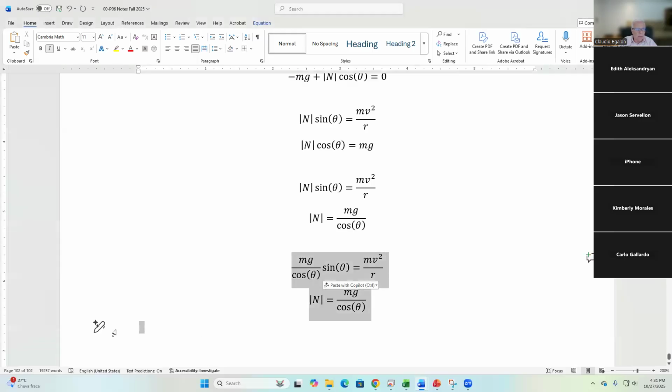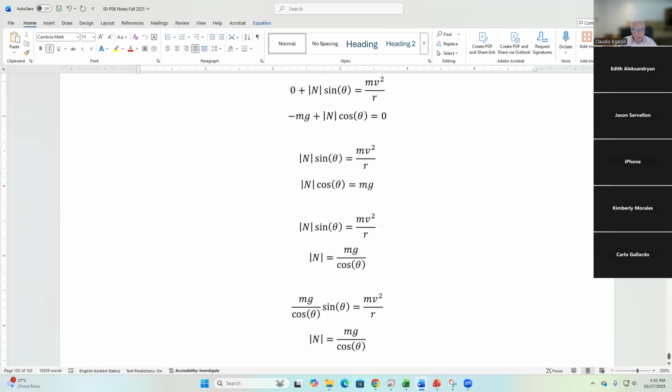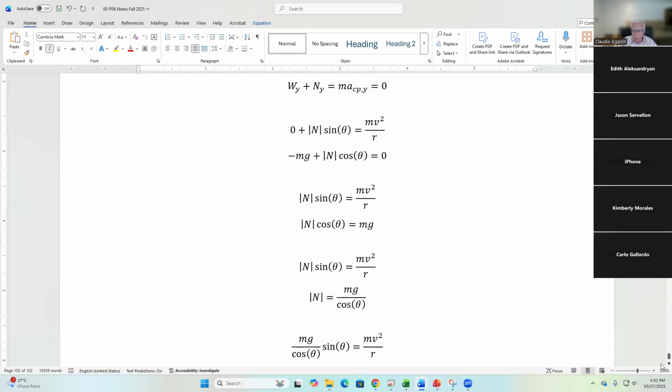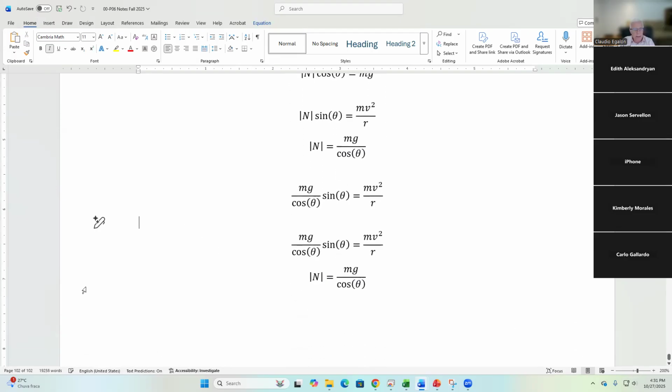Next, we are not going to use the second equation again, so I'm going to erase it because we don't need that anymore. In the next step, we have mg tangent of theta.